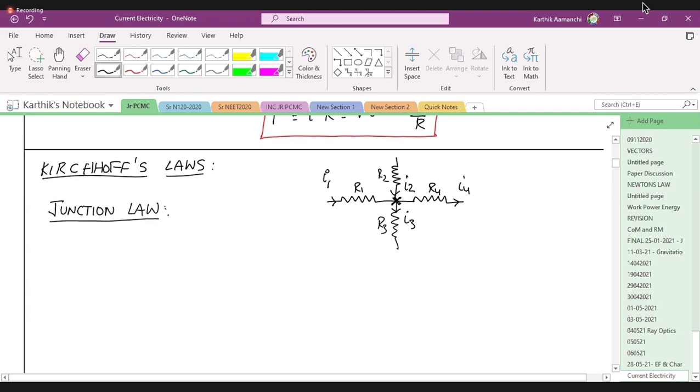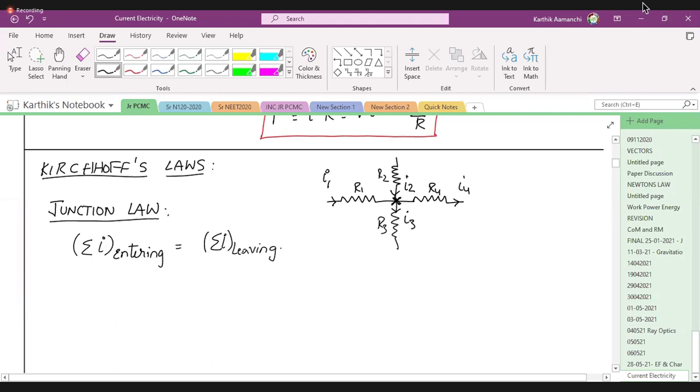Whenever you see a junction, the summation of currents entering the junction is equal to the sum of currents leaving the junction.